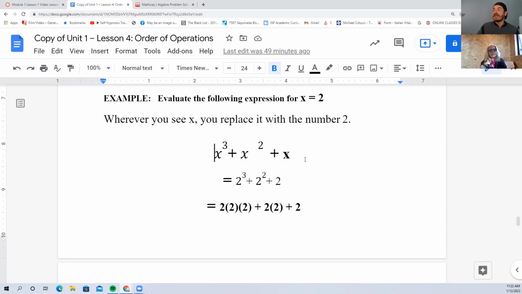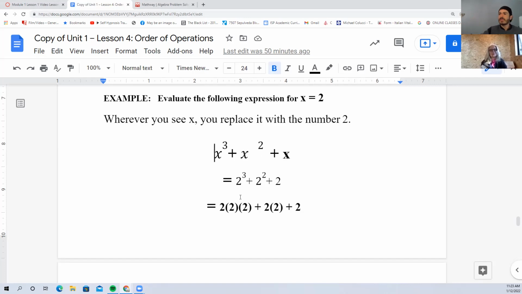Okay, so just like they did here, here's x to the 3rd power. There's our superscript 3, meaning that this is x times x times x, plus x to the 2nd power, x times x, plus 1x, okay? And here they go. Every time they see an x, they put in a 2 instead. 2 to the 3rd power plus 2 to the 2nd power plus 1 times 2, right?